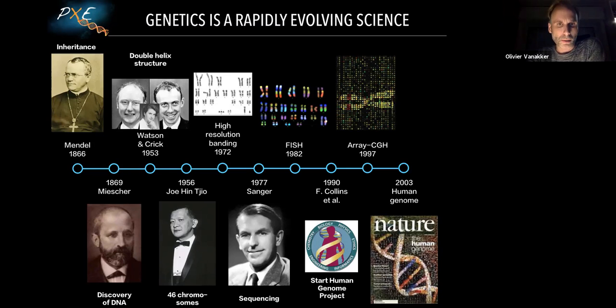And since then, there have been some steps moving forward until 1990, when there was a big project called the Human Genome Project, that actually set out to analyze the complete genetic material of a single individual. And they took their time.